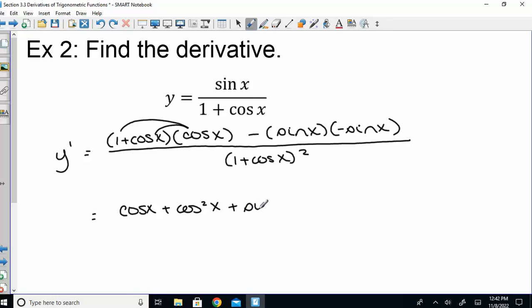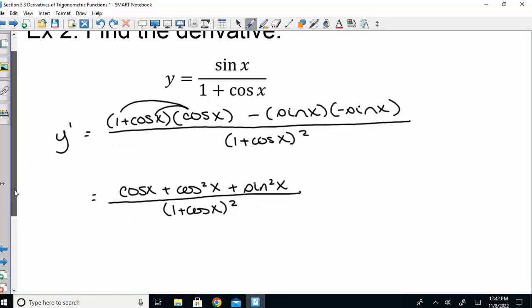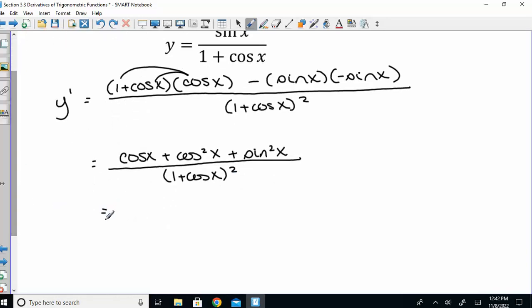Negative sine times negative sine is positive sine squared x. Recognize anything here? Cosine squared x plus sine squared x. Yeah, that's a 1.